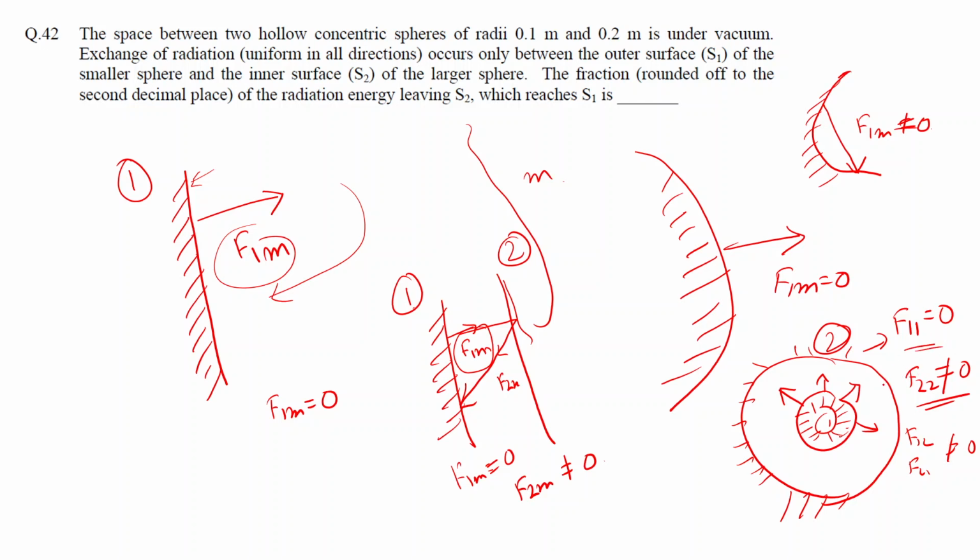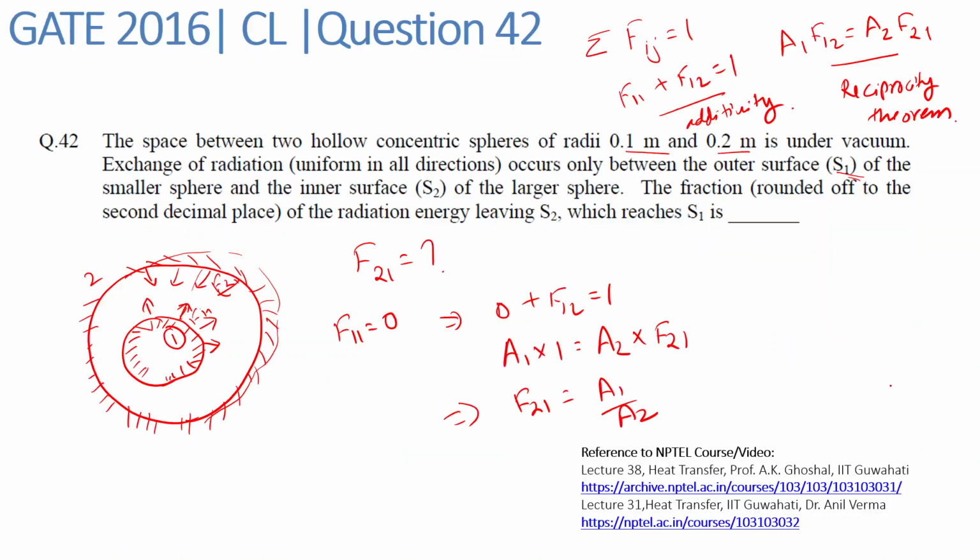Okay, now since it has been understood, we can move on to the solution. So now we have F11 equal to 0, which we will put in this equation. That will give us F12 equal to 1. Then we will use the reciprocity theorem to give us this correlation: F21 is equal to A1 upon A2. The area is the surface area of the sphere, 4 pi r square.